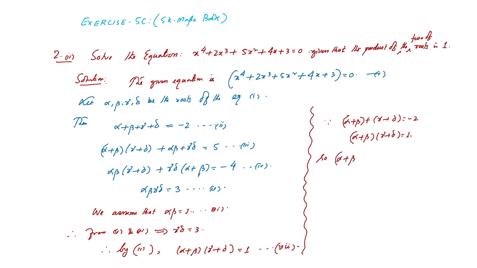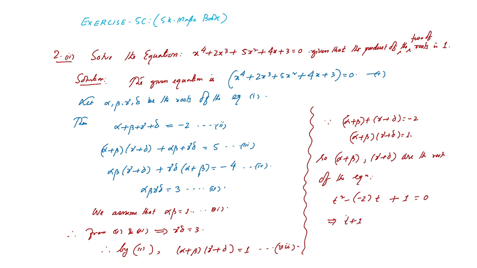So we can say alpha plus beta and gamma plus delta are the roots of the equation t square minus the sum of the two roots, so minus 2t, plus the product 1 equals 0.